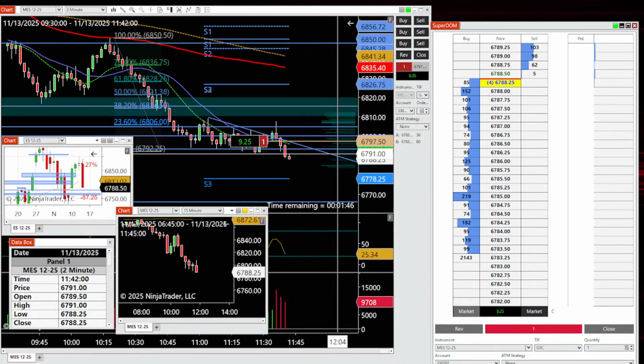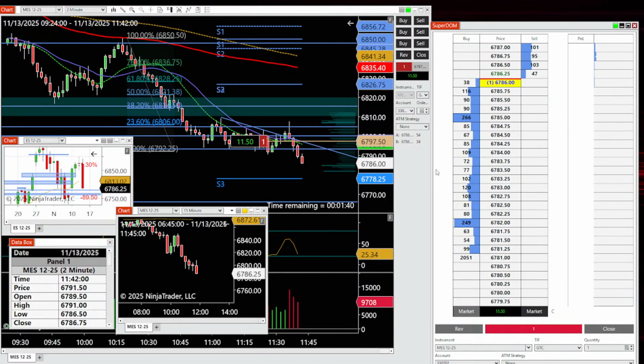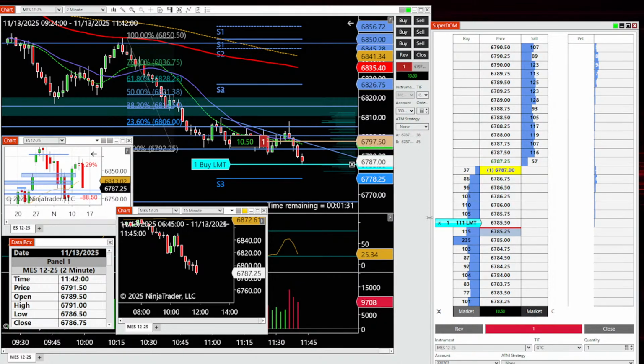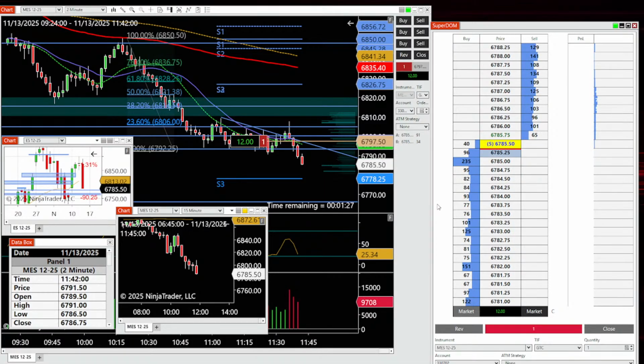So my stop would be here. Come on, there we go. This is the move I was looking for earlier today. Order submitted. Come on, if we get the break. I really want to ride it. I'm trying to ride it. We're at 85.